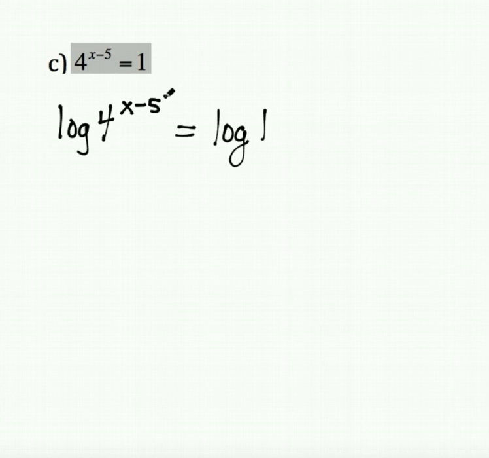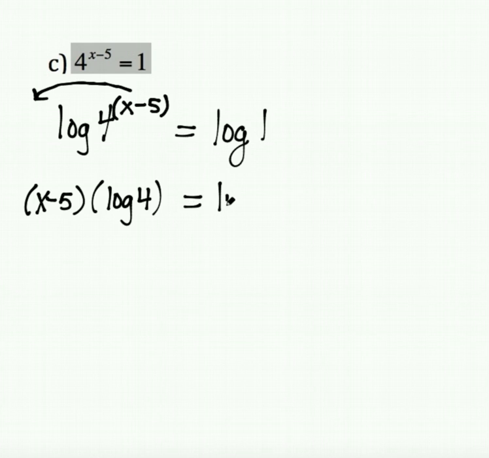Now the power rule says I can take this power and put it out in front. So now I have x minus 5 times log of 4 is equal to log of 1. I'm trying to solve for x, so I'm going to divide both sides by log of 4.